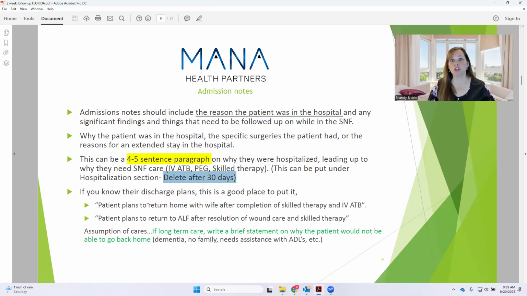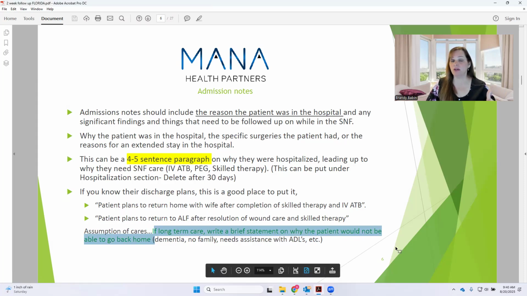If you know their discharge plans, go ahead and put that on there. If they're going home with a wife, if they're going home with a spouse, if they're going home with family, if they're going to the ALF, put that on there. And then in green, same as our PowerPoint for new hire orientation, if they're long-term care, write a brief statement on why the patient would not be able to go home.